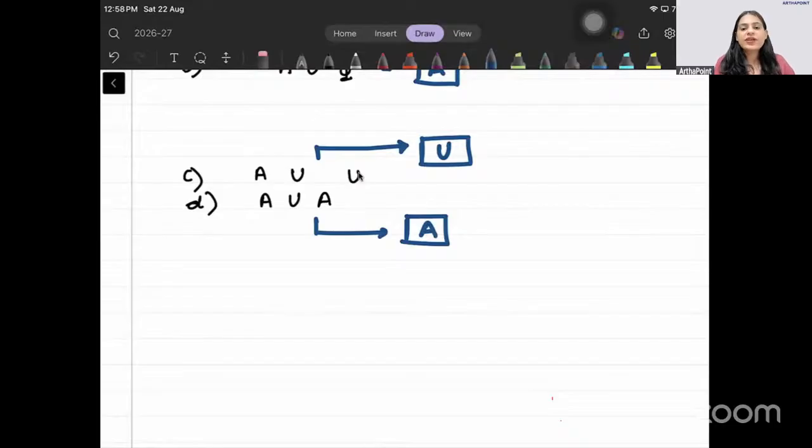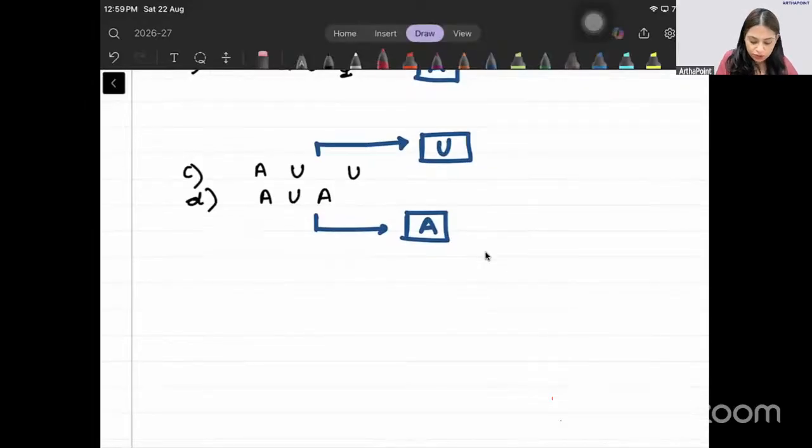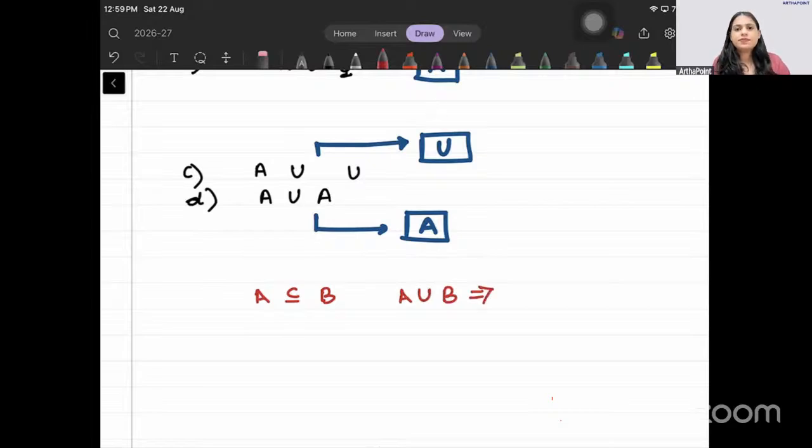So the interesting aspect here is that whenever you do the union, you will always get the bigger set. So if in exam I tell you that A is a subset of B, can you tell me what will be A union B? A is a subset of B, तो फिर what will be A union B?